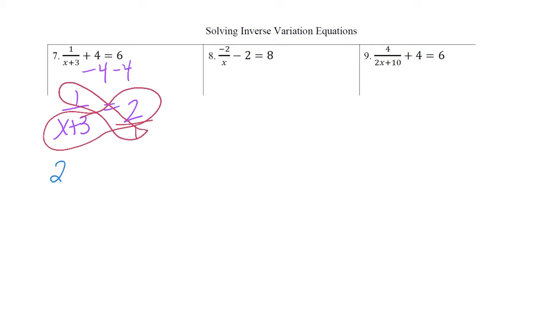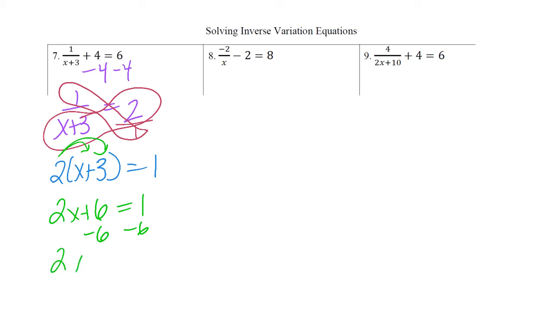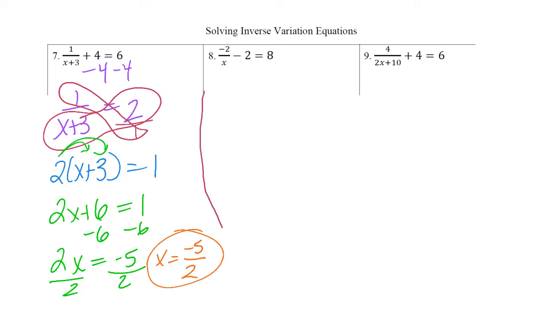So we're going to have 2 times x plus 3 equals 1. Then we want to distribute the 2. 2x plus 6 equals 1 minus 6 on both sides. 2x equals negative 5, divide by 2, and x equals negative 5 halves. You can write it as negative 2.5 as well. That's also perfectly fine.